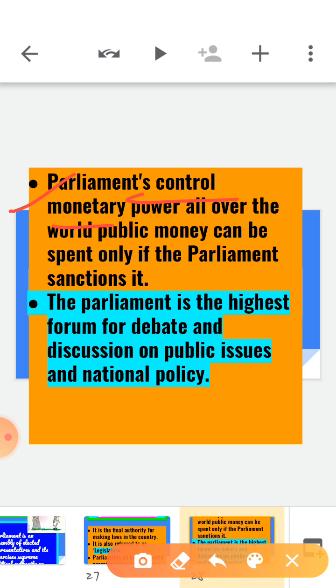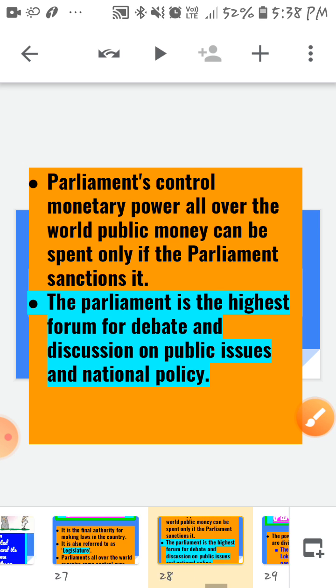Parliament controls the money that governments have, and in most countries, public money can be spent only when the parliament sanctions it. Next, the parliament is the highest forum of discussion and debate on public issues and national policy in any country. Parliament can seek information about any matter.